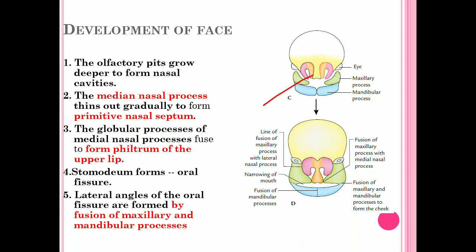and medial nasal process of both sides, this yellow one is the medial nasal process, they move towards each other and they fuse and also thin out and form the nasal septum. So primitive nasal septum is formed by these two medial nasal processes, and lower part of this medial nasal process becomes globular, and it will form the philtrum of the upper lip.